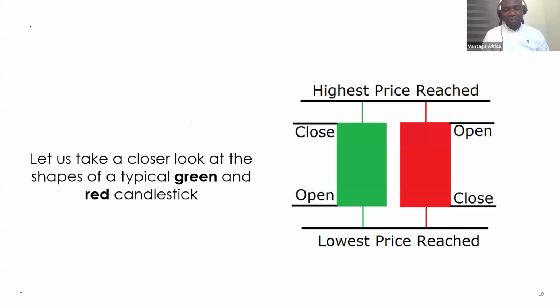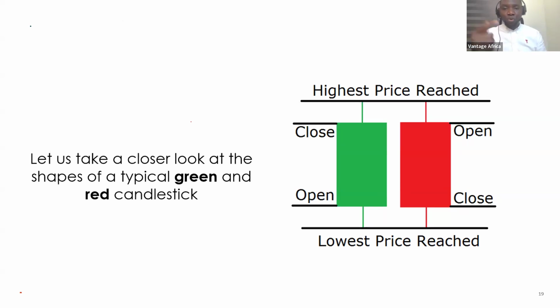And when we say period of time, remember I mentioned time frame before. On the charts we use for trading right now, we have time frames ranging from 1 minute all the way to 1 month, right? So you can actually look at the market from different time frames. You can decide you want to look at the market from the 1 hour time frame, in which case every candlestick you see was formed in the space of 1 hour.